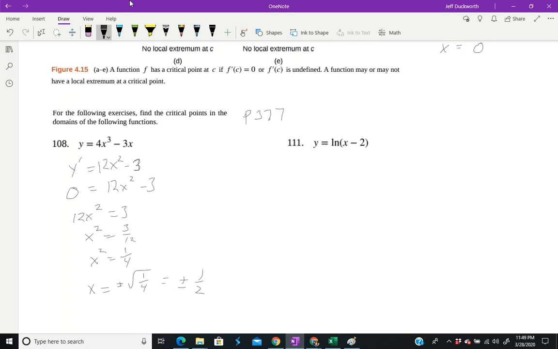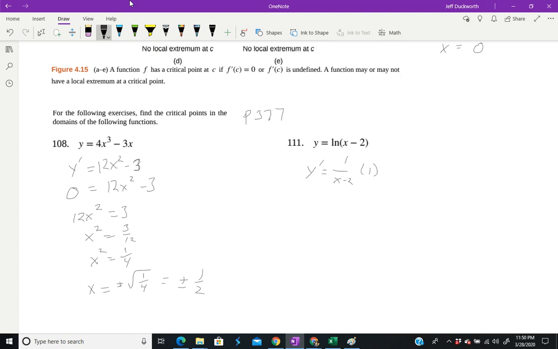For 111, we do the same thing. We take the derivative. So the derivative of the natural log is 1 over what the natural log is of, multiplied by the derivative of the interior there. So it's going to be 1 over x minus 2 times the derivative of x minus 2, which is just 1. So I'm left with y prime equals 1 over x minus 2, which can never be 0.